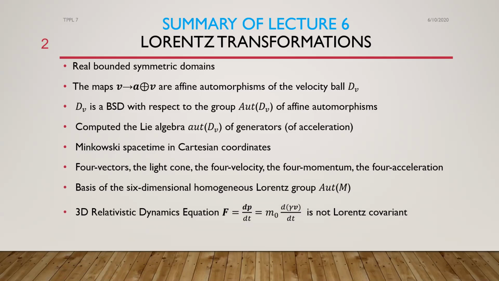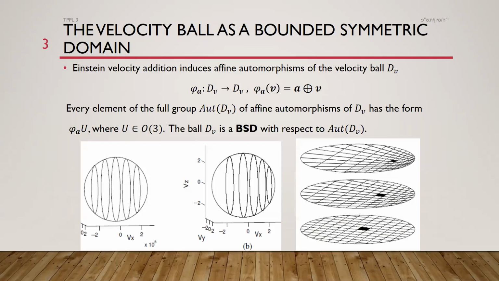And then we saw the 3D dynamics equation, which is not Lorentz covariant. And we showed that there's a 4-dimensional dynamics equation, which we'll get in more detail in a minute, which extends the 3D and is covariant.